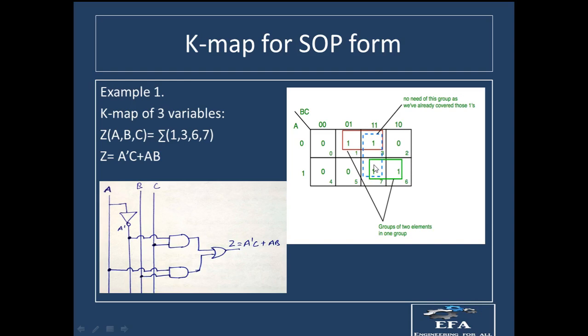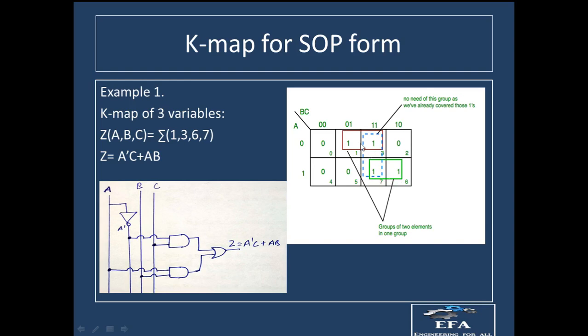Now all four ones are covered. Even if we have the option of taking another group, we will not take it because those two ones are already covered. So we will take only this group and this group.